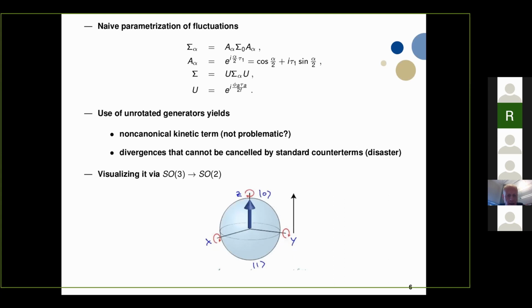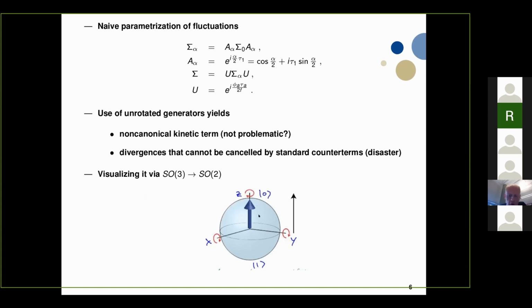But the disastrous problem that occurs is that if you try to renormalize your theory, you cannot do that using the standard counterterms that you get from chiral perturbation theory. And I think one way of understanding this is, at least in an example where you can visualize it, if you think of a spin system, then you look at this huge blue arrow that is the ground state of your system, and then you're looking at fluctuations around that ground state.